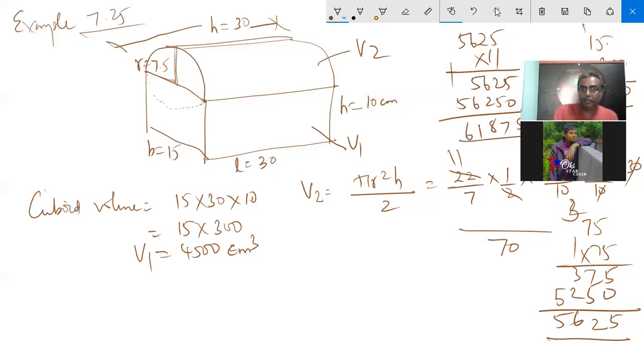Divided by 70, that means 6187.5 divided by 7. 7 will not go in 6, but in 61, 7 goes 8 times.